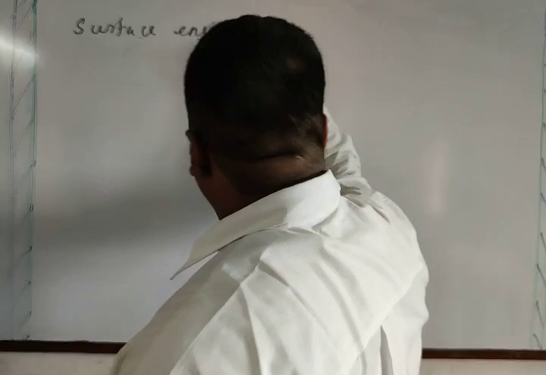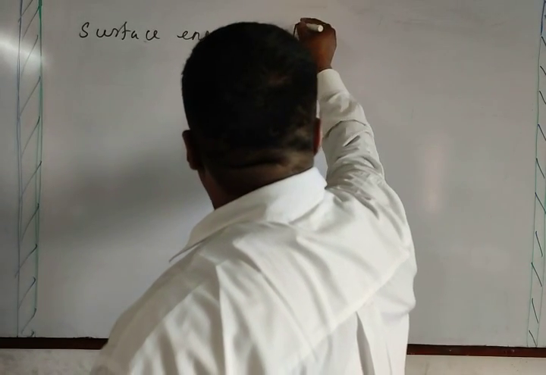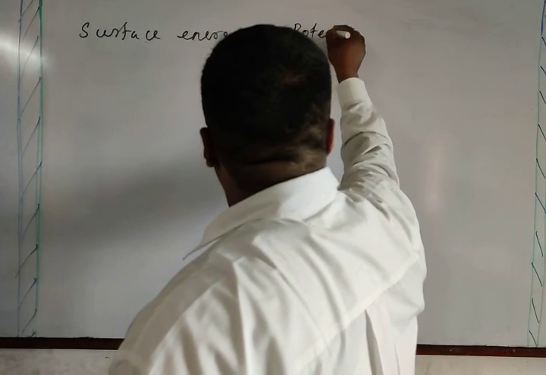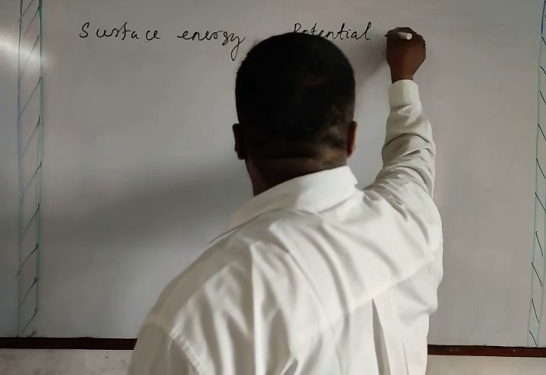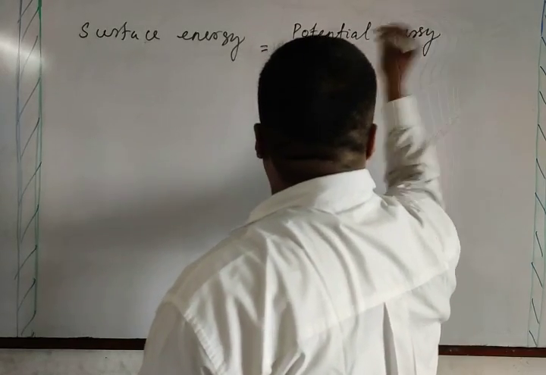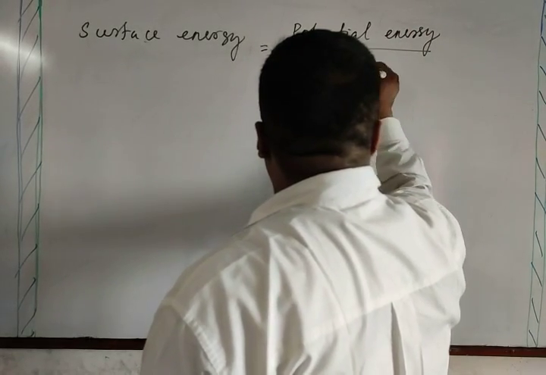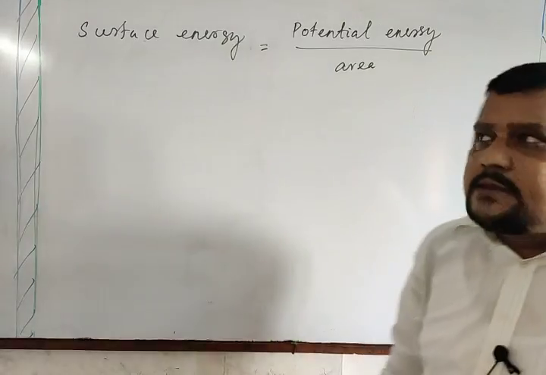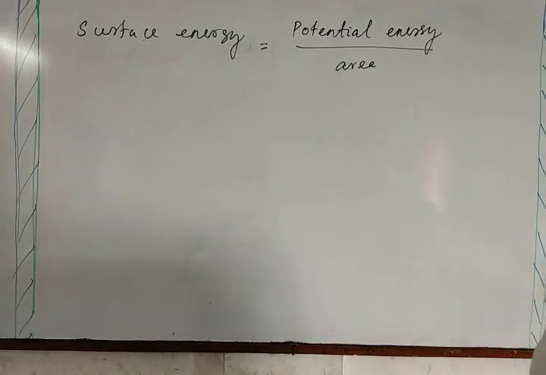The working formula is the potential energy by the area, that is, per unit area. So this gives us the dimension of surface energy.